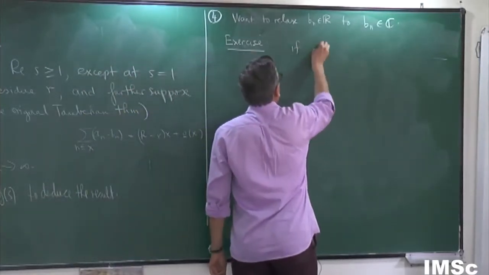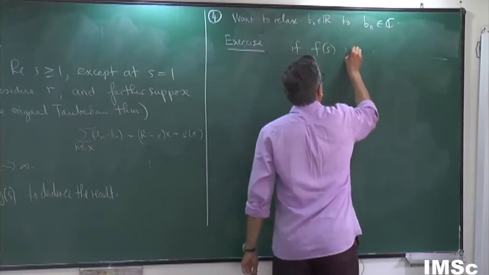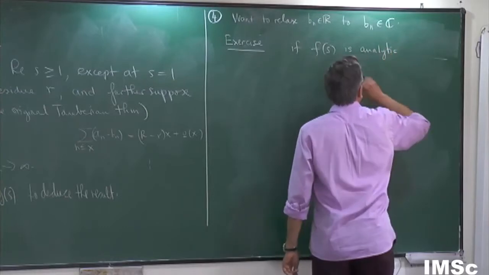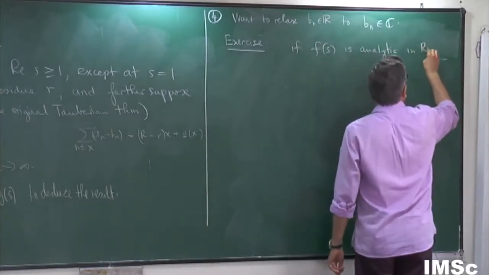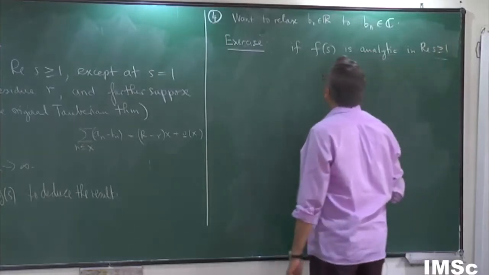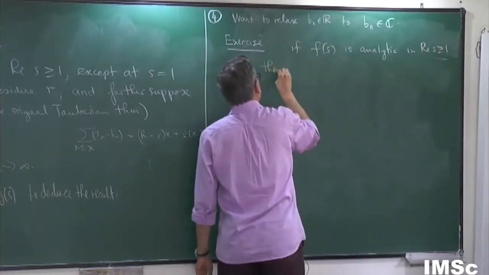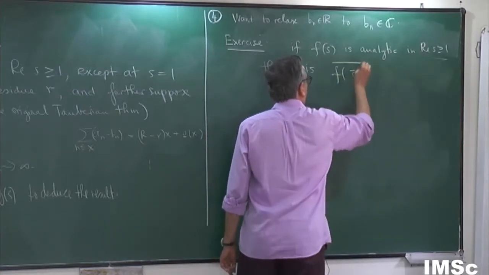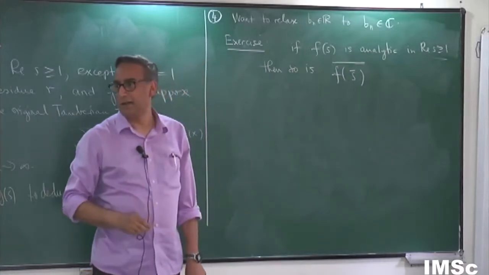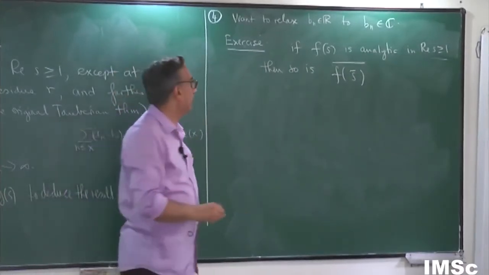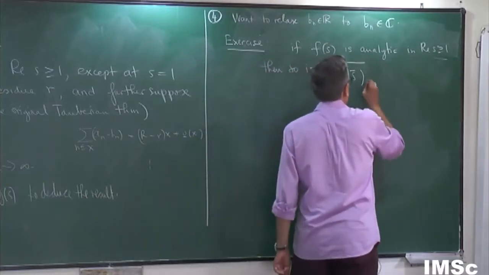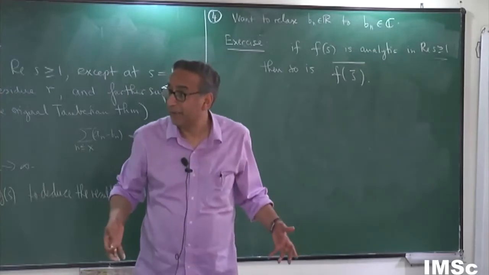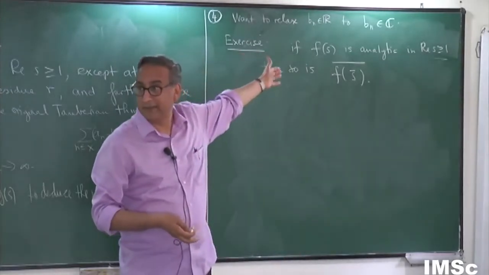If f of s is analytic in real part of s greater than or equal to 1, then so is f of s bar, as a function of s. Okay, so you can do that. Analytic means complex differentiability. So all you have to do is prove the derivative exists.